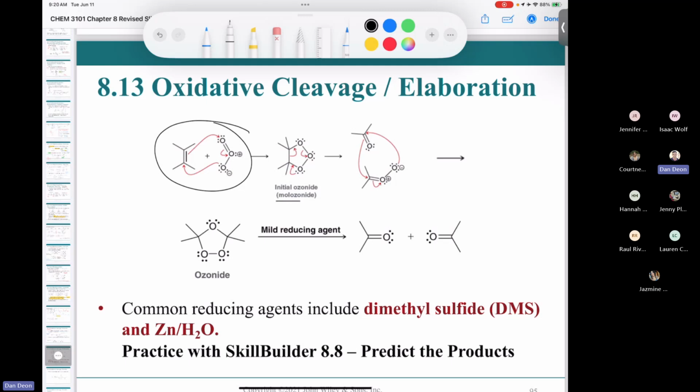And then the molozonide undergoes decomposition, and then it reforms to give you something called an ozonide. And then after your reducing agent, which can be DMS, dimethyl sulfide, or a mixture of zinc in water, either one is totally fine, you end up cleaving or forming the two carbonyl compounds, whether they be aldehydes or ketones.